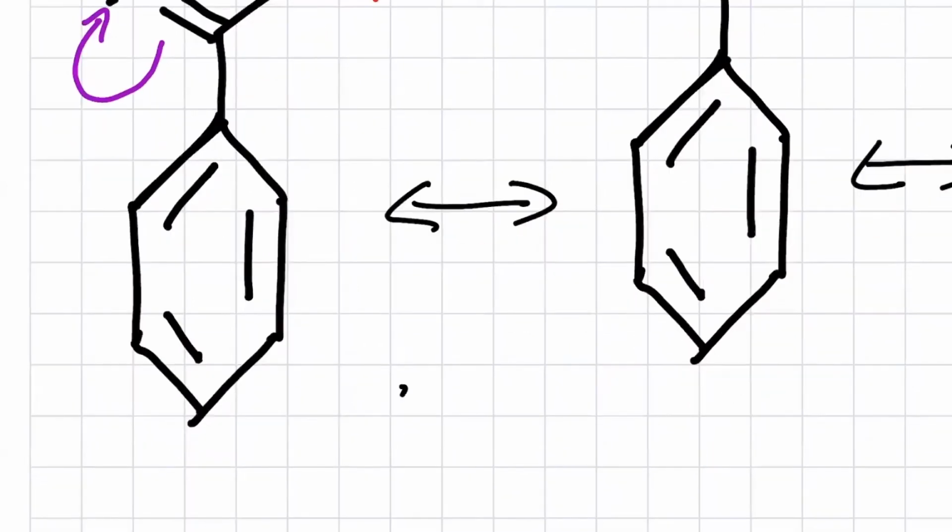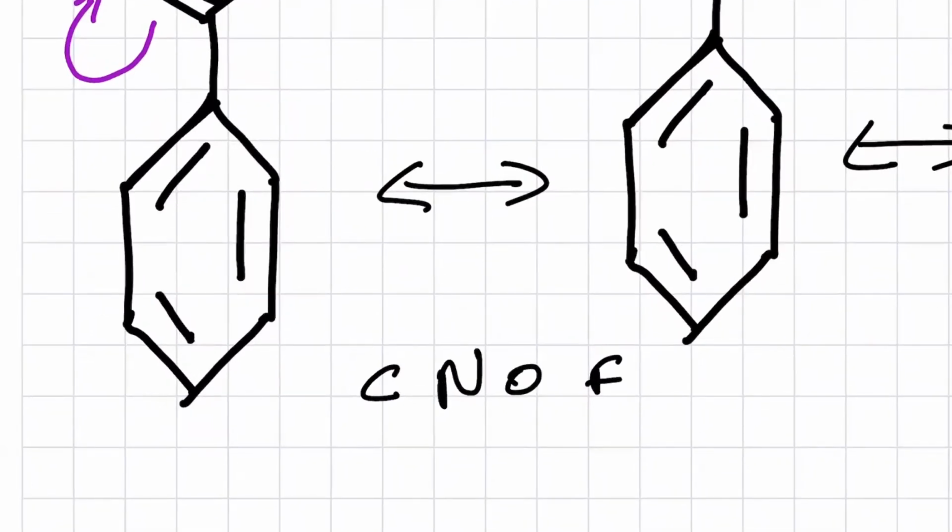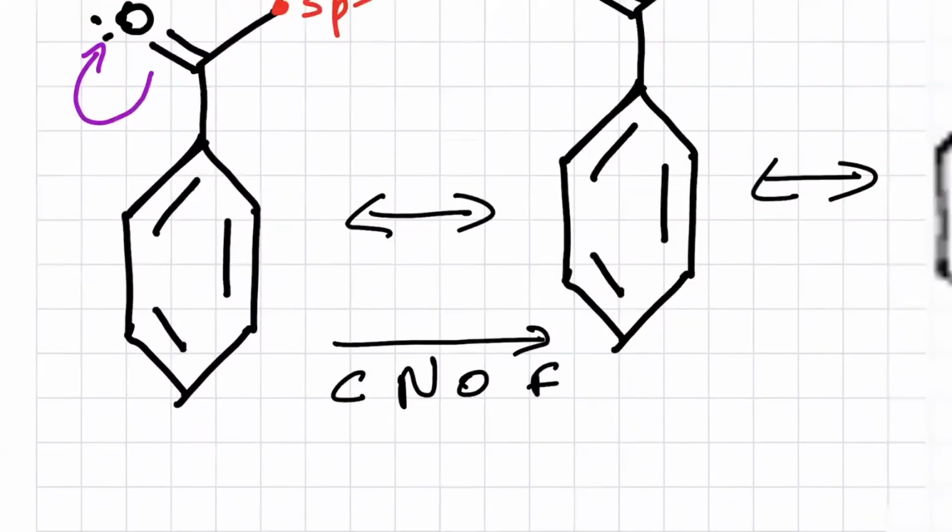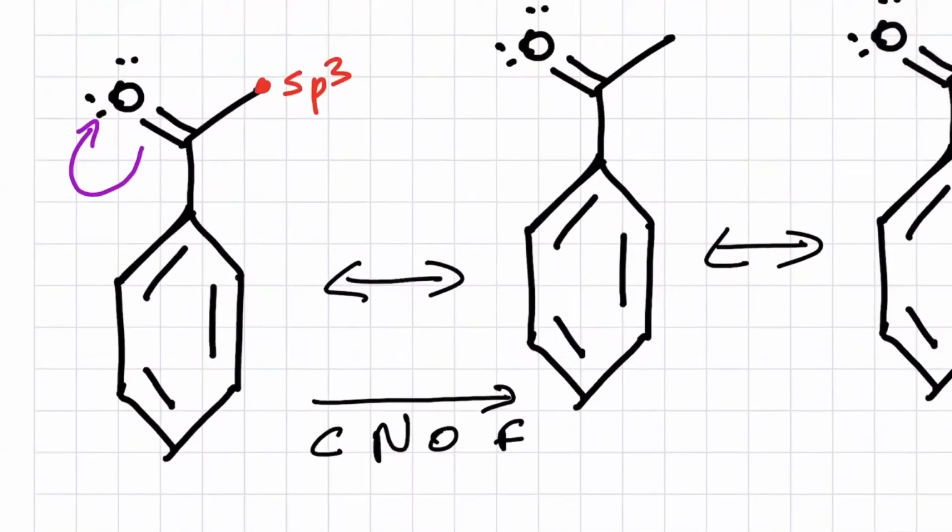Remember, there's a trend for electronegative elements, C, N, O, F. We know the trend goes this way, right? The more electronegative an element is, the more it will attract electrons, it's like an electron lover. So oxygen will attract the electron.